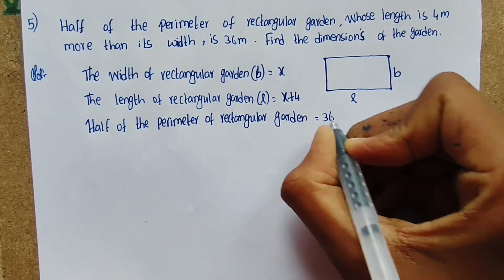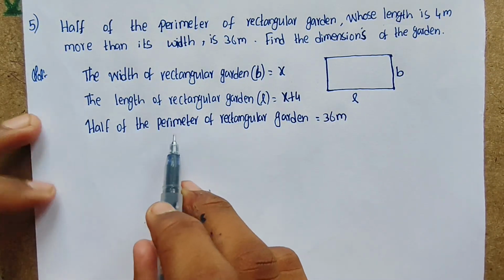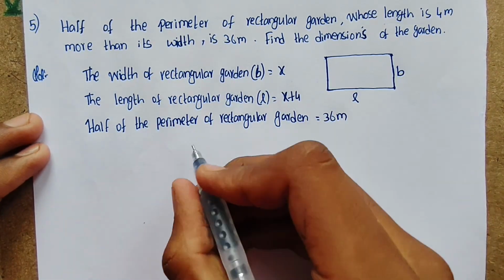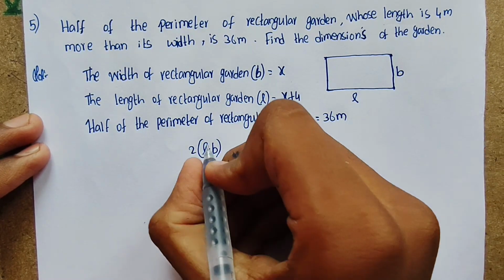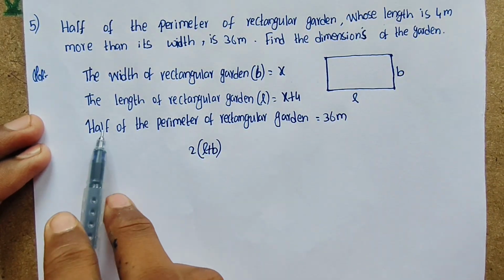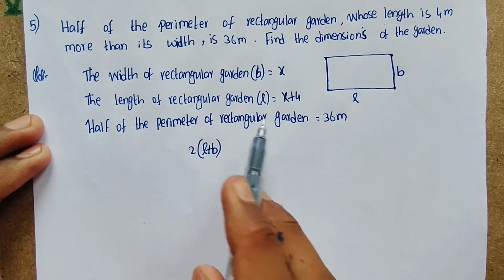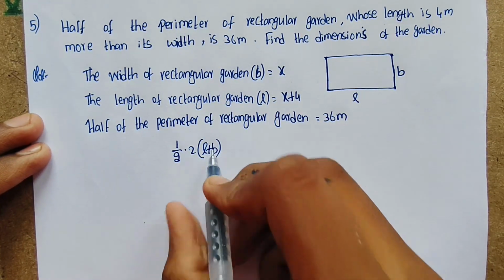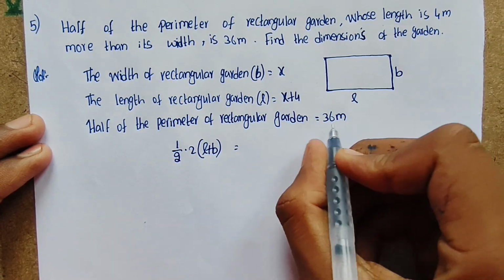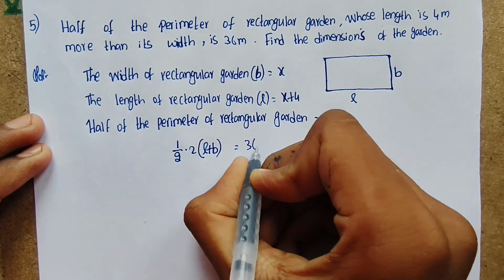We know that the perimeter of a rectangular garden is 2 into (L plus B). So half into 2 into (L plus B) equals 36 meters.